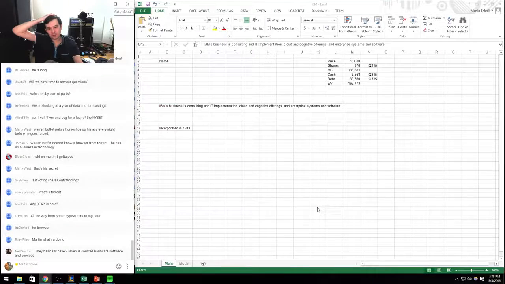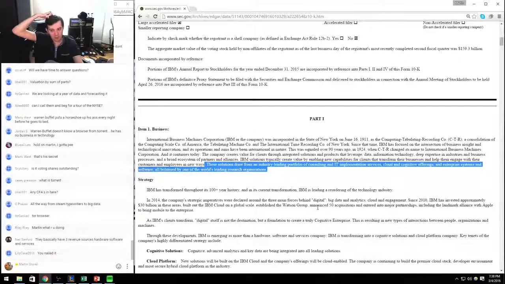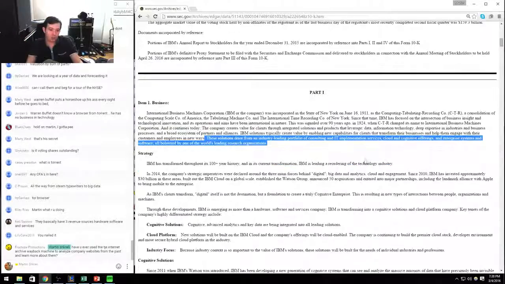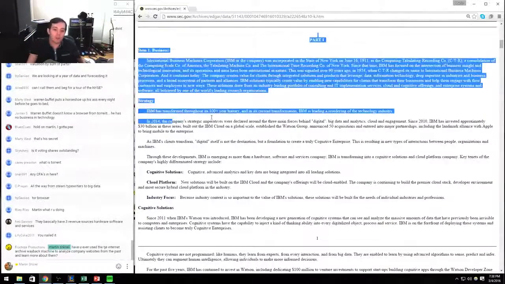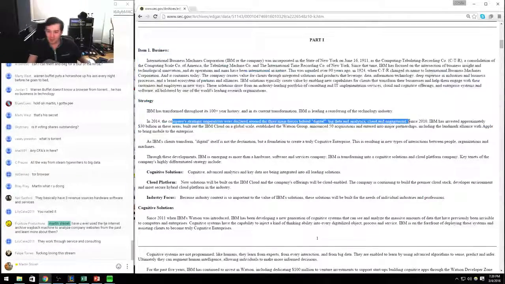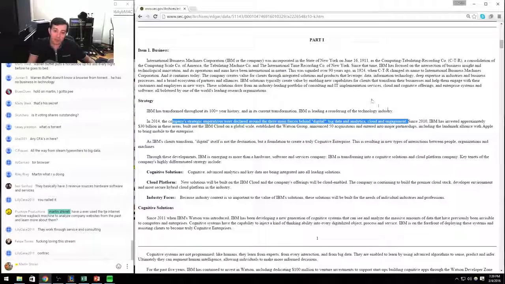Okay. That is a little more understandable than this kind of corporate speak. In 2014, the company's strategic imperatives were declared around the three main forces behind quote-unquote digital: big data and analytics, cloud, and engagement. Not sure I understand what that means exactly.